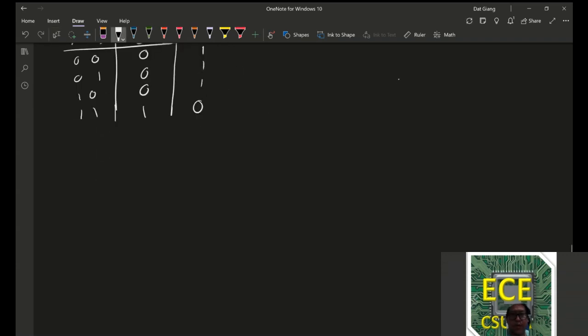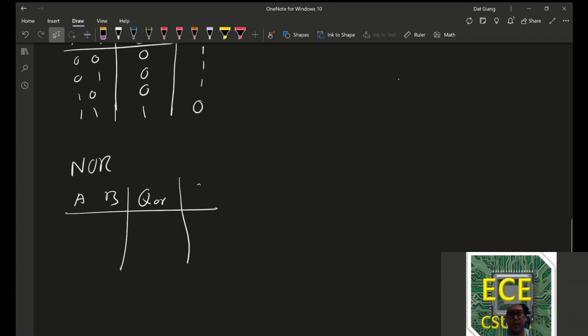Now, what about a NOR gate? For a NOR gate, we have A, B, and then Q OR and Q NOR, so that I can show you the difference.